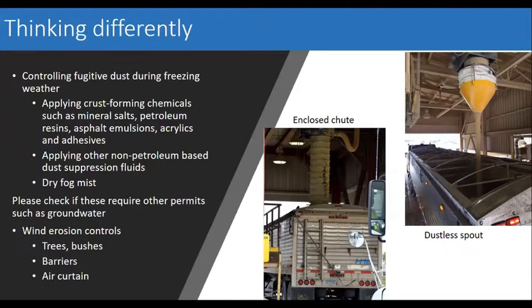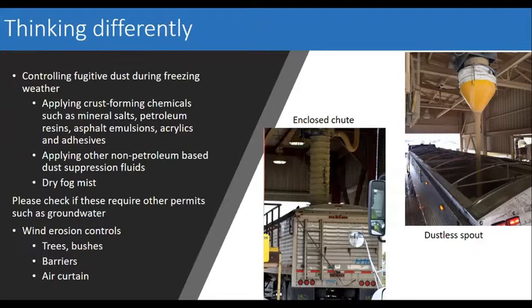There are also non-petroleum, non-toxic synthetic materials that can be used as dust suppressants. Lastly, one can also use a dry fog mist, where misters use very high water pressure to squeeze the water through really small orifices to ensure that dust is not airborne. And all these technologies can be used for freezing conditions.